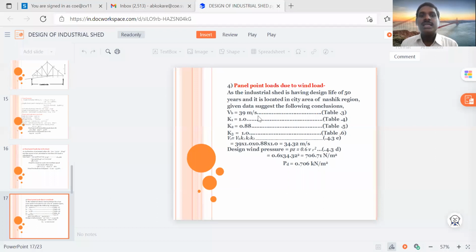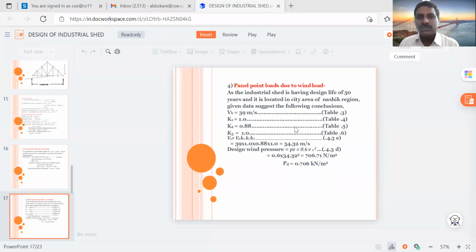So Vb is 39 meter per second. Generally for our Pune region, 39 meter per second is the basic wind velocity. The Pune region includes the nearby Pune area, it means our western Maharashtra, and Nashik is near to Pune. So there also Vb is 39 meter per second, and that Vb we can get from Table 3 of IS 875 part 3. Then we have to calculate the K1, K2 and K3 factors.